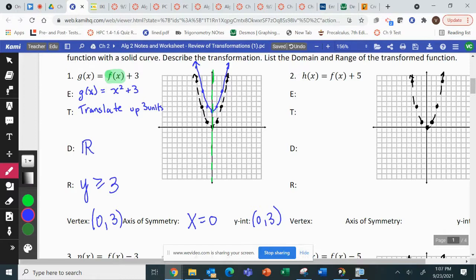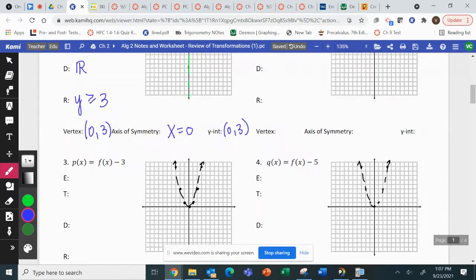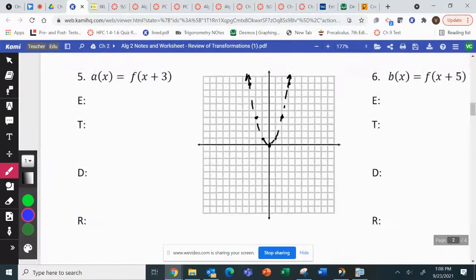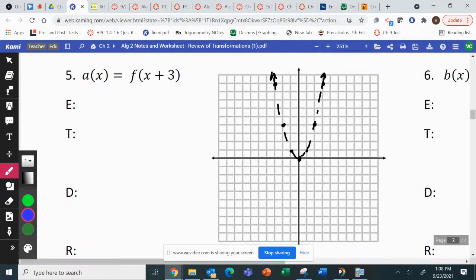So the stuff we've been doing, we're doing again, but we're only focusing on quadratics and maybe learning a couple new things. Let's skip ahead to number 5. So number 5 is the next one we're going to do together. So we have a of x equals f of x plus 3.